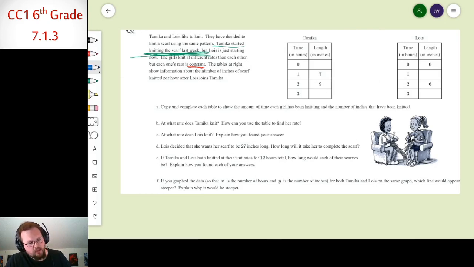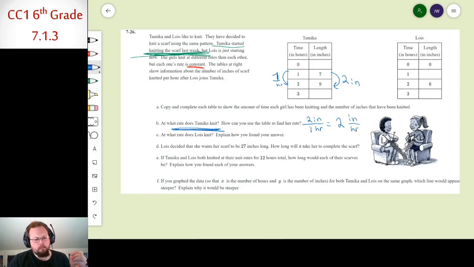In the time it took to go from 1 to 2 hours, this increased by 1 hour. She therefore knitted between 7 and 9, 2 inches in that time. This means that her rate is 2 inches per 1 hour, or just 2 inches per hour.